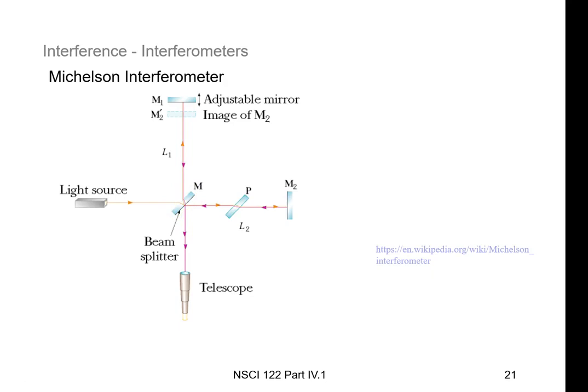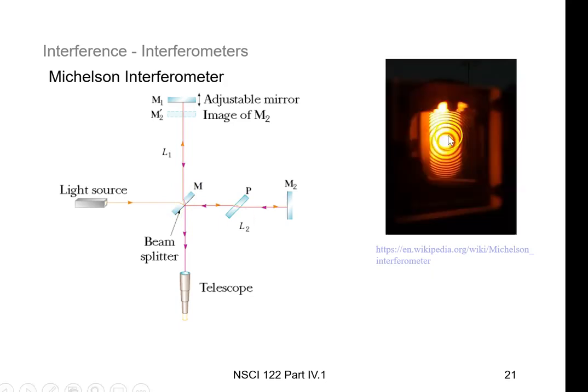And if you do that, you'll get this. You saw that picture earlier when I accidentally hit my down arrow. But this is the interference pattern. Now this is produced with yellow light, and you can see that you get these circular fringes, as they're called, okay?